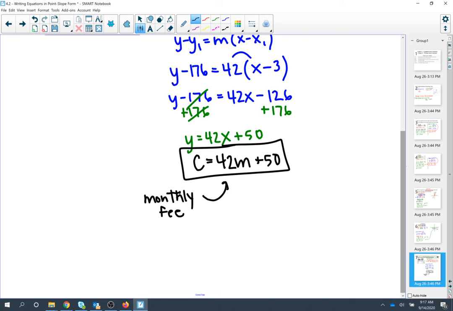You're paying $42 every month, whereas your 50, that's your y-intercept, is your installation fee. So it's kind of like the one-time fee to come out, set everything up, and then from there, you just pay $42 every month that you have the service.